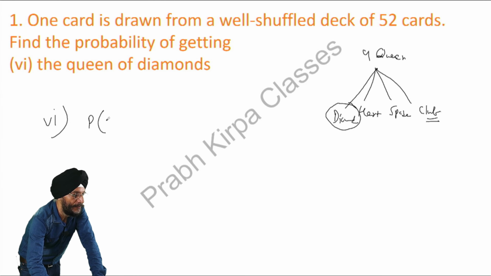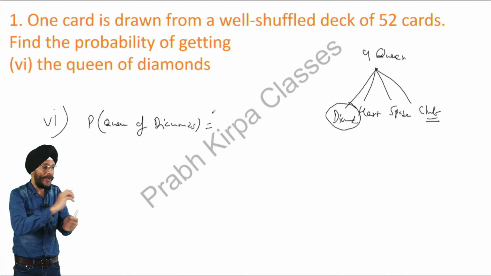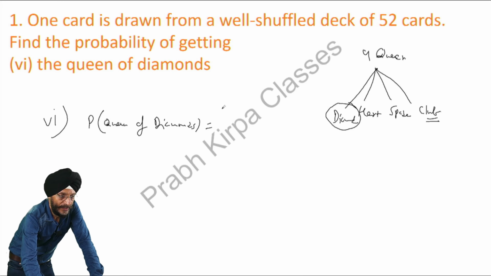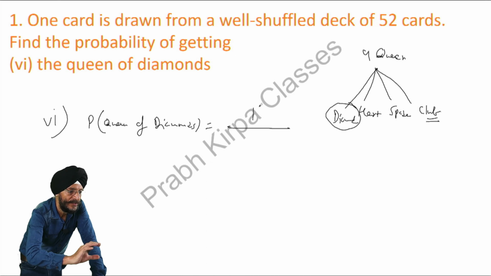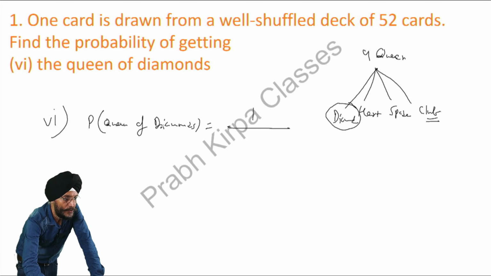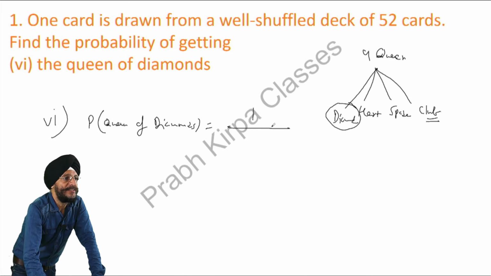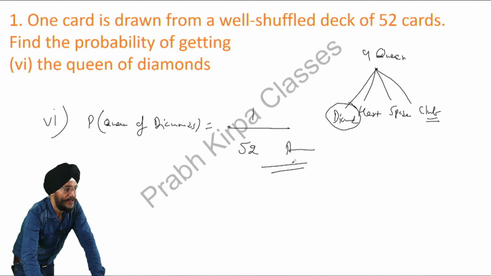So the probability of queen of diamonds, though I am giving it very briefly, you have to mention number of favorable outcomes divided by total number of outcomes. However, we are solving the question as you have understood the formula. So queen of diamonds is 1. It is to be divided by the total number of outcomes, that is the total number of cards, which are 52. So this is the answer before you.